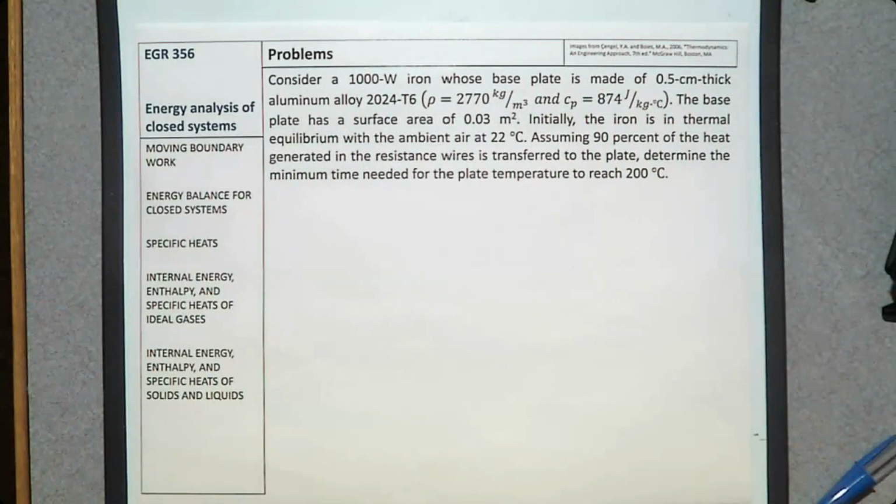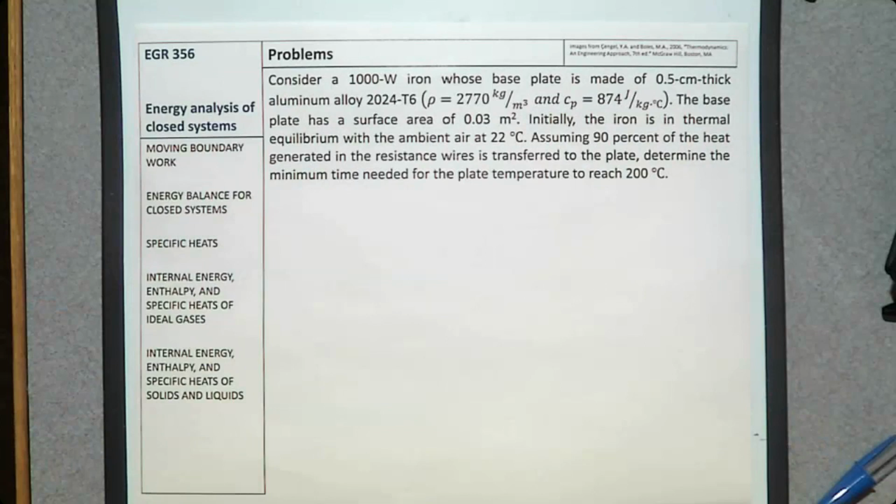We have a 1000 watt iron whose base plate is made of 0.5 centimeter thick aluminum alloy. We know the density and specific heat. The base plate has a surface area, and we know the surface area and also the thickness, 0.5 centimeters.